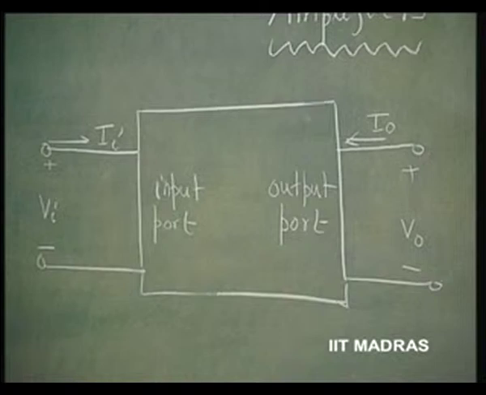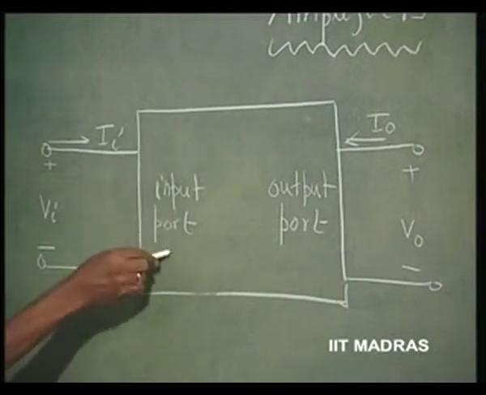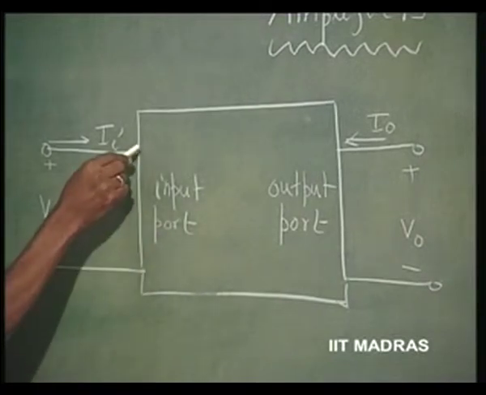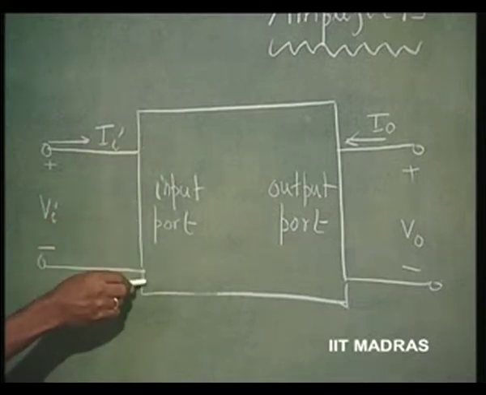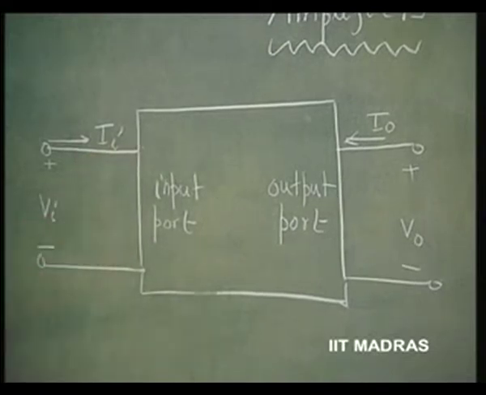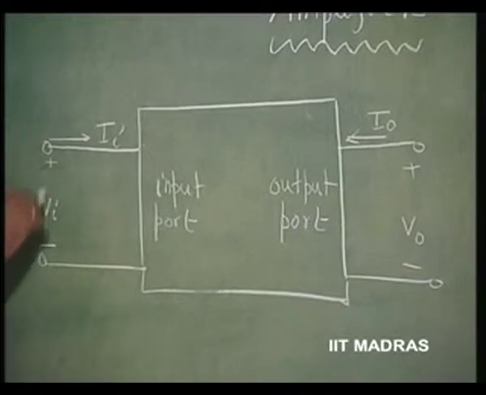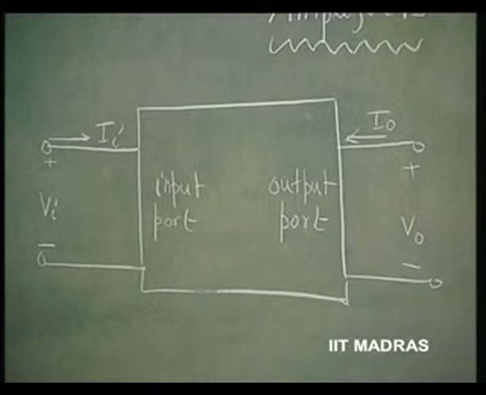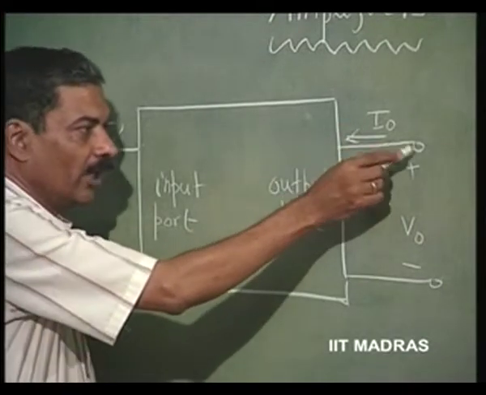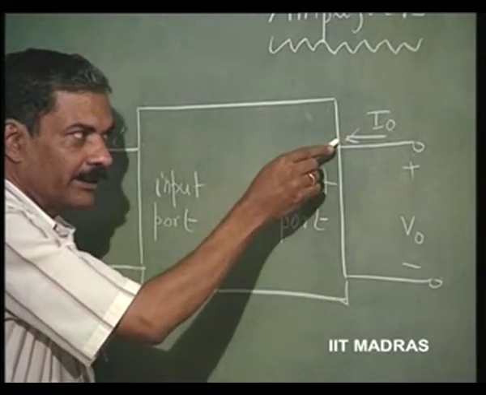The input port is nothing but a pair of terminals wherein input variables appear, which could be input voltage and input current. The output port is the other pair where the output voltage and output current appear.